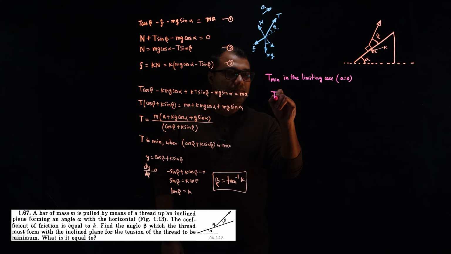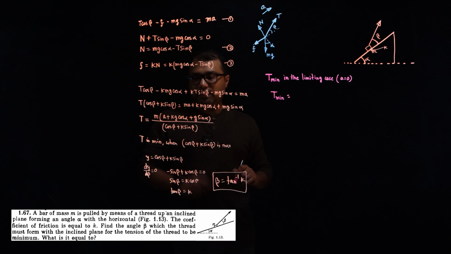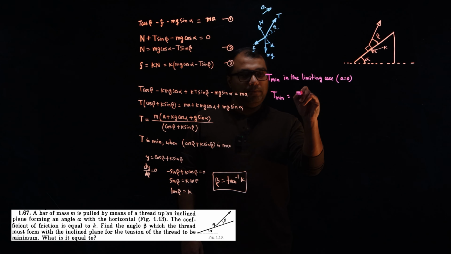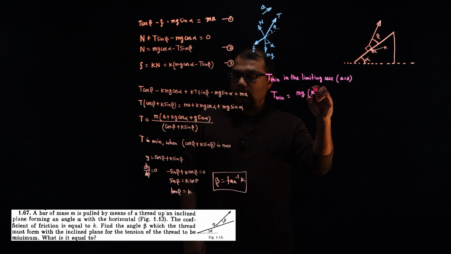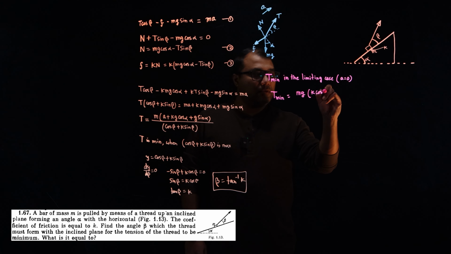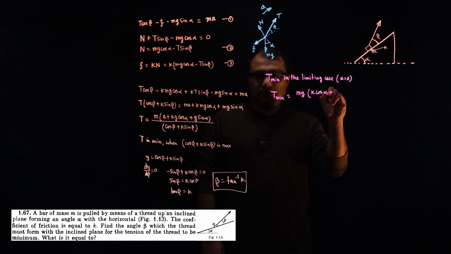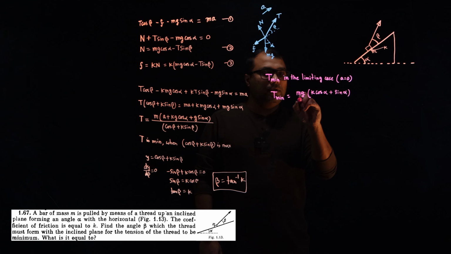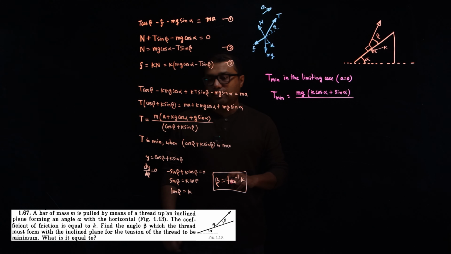T min becomes, let's substitute a is 0, so we have mg, let's take common, (k cos alpha plus sine alpha) divided by (cos beta plus k sine beta).